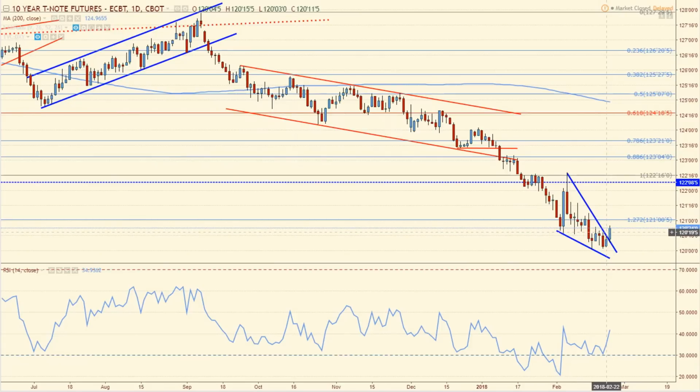So the question is, if bonds go up and yields go down, is it possible for the dollar to actually rally when bond yields are going down? Is it possible that bonds recover and the dollar recovers at the same time?